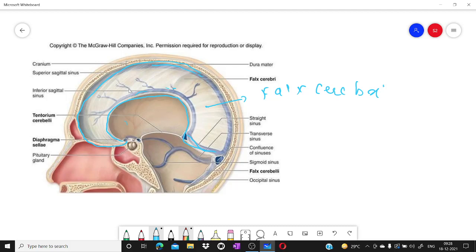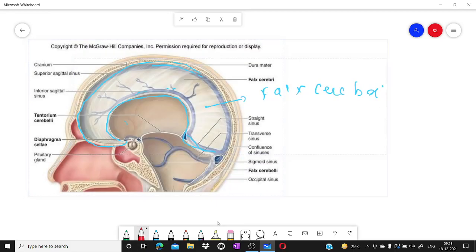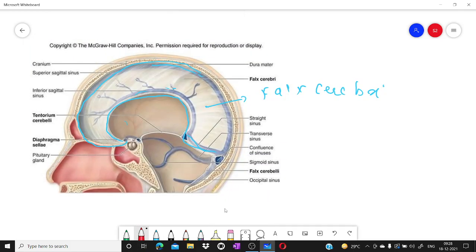Now in this picture itself, you are able to see another dural fold, that is the falx cerebelli, which is separating the two cerebellar hemispheres.